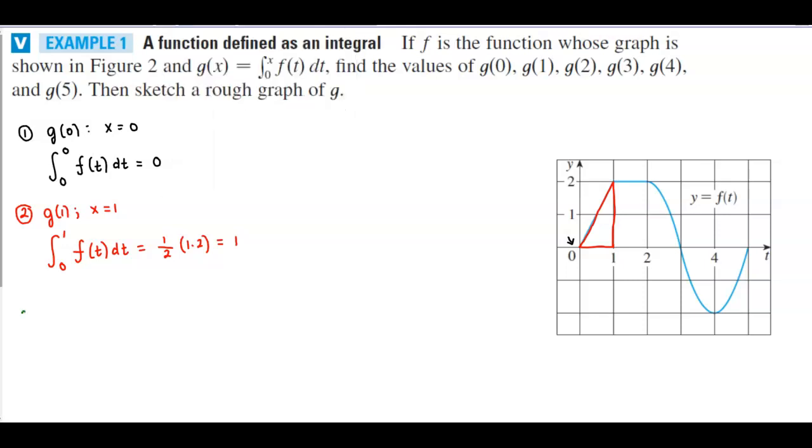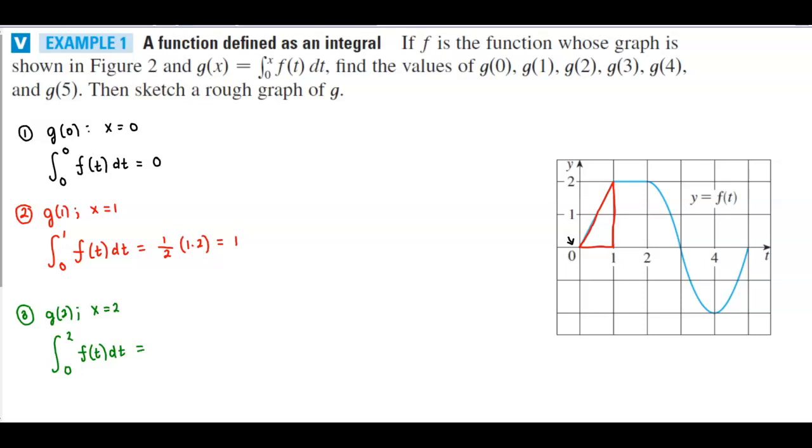Okay, let's take a look at number 3. We have g of 2 when x is equal to 2. So we have the integral that goes from 0 to 2 of f of t dt.